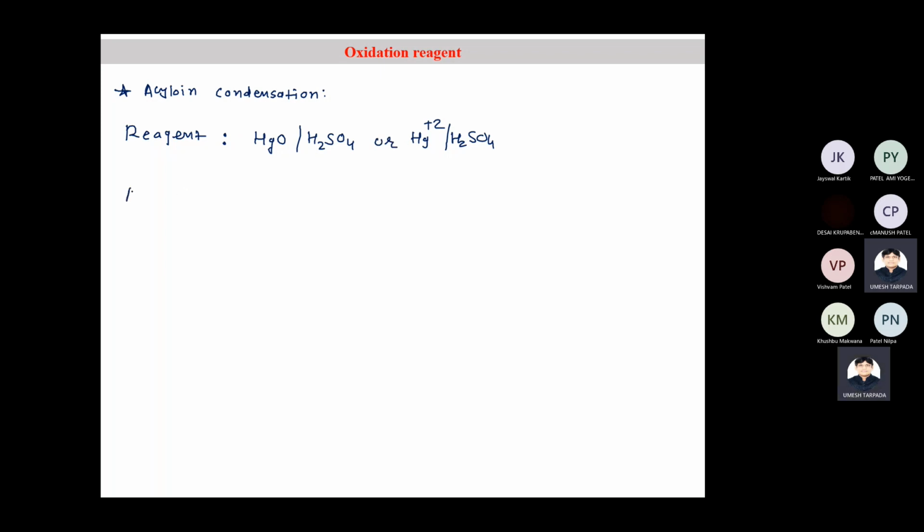What is its application? The application is that using this reaction, you can see a triple bond undergoes conversion. An alkyne of this type is converted to a ketone.